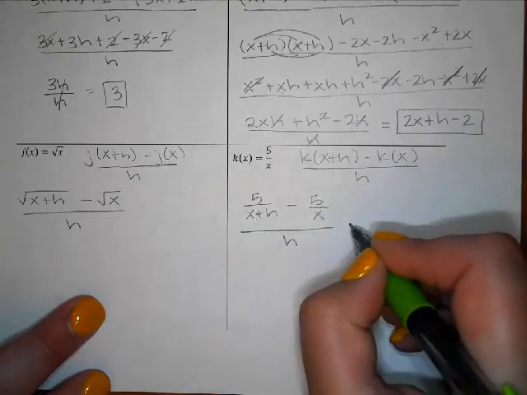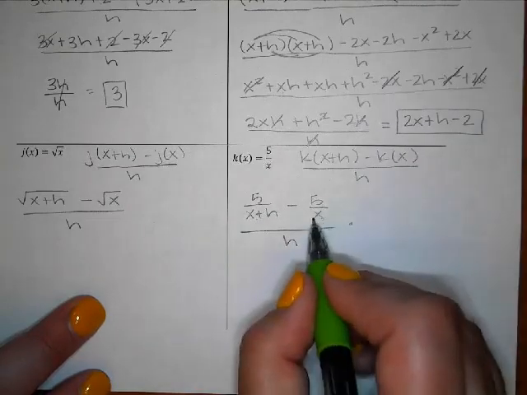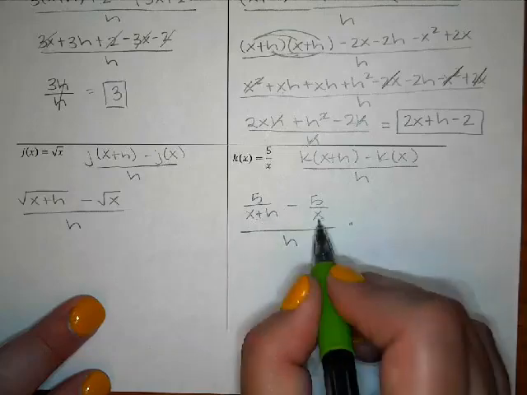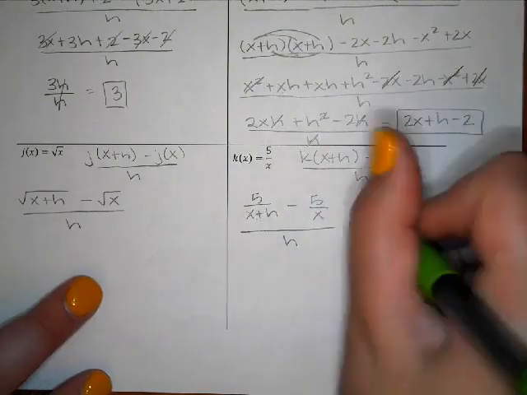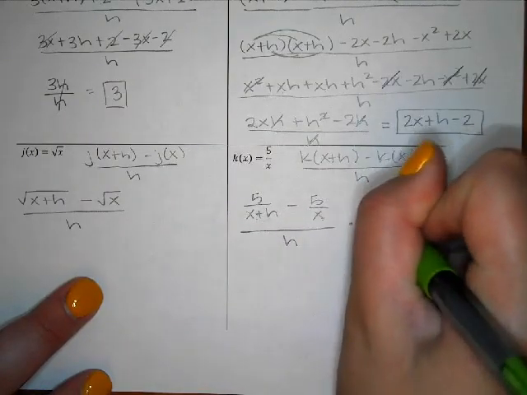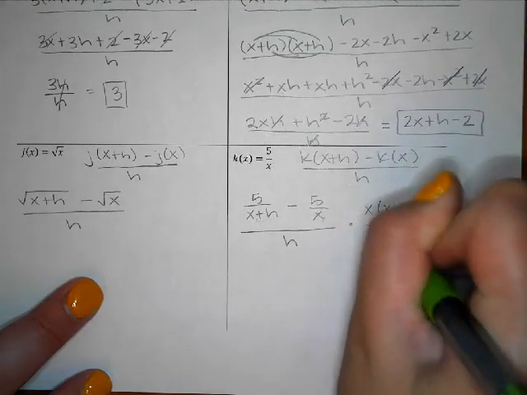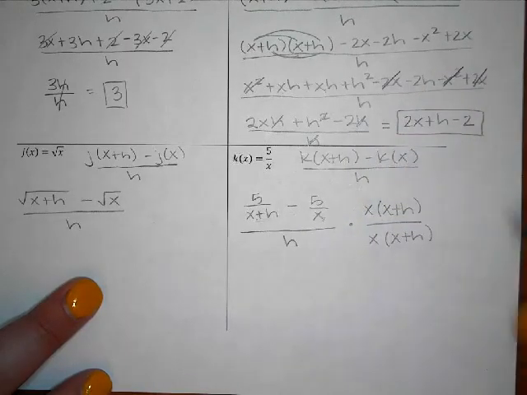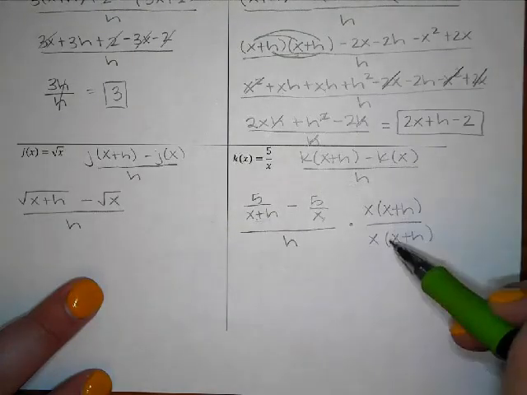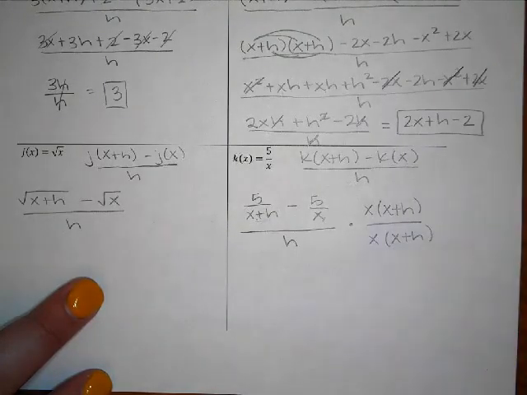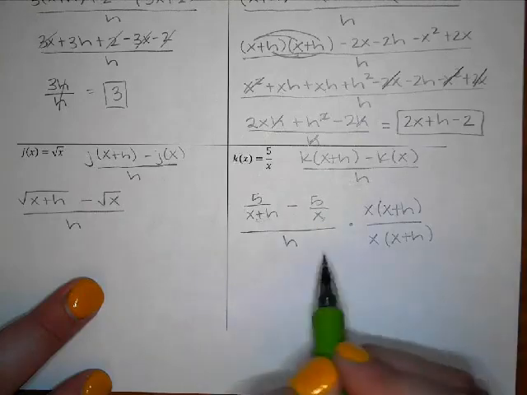So for the denominator, you need x plus h and you need x.